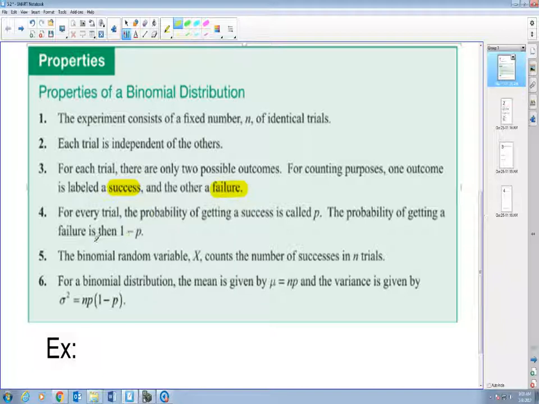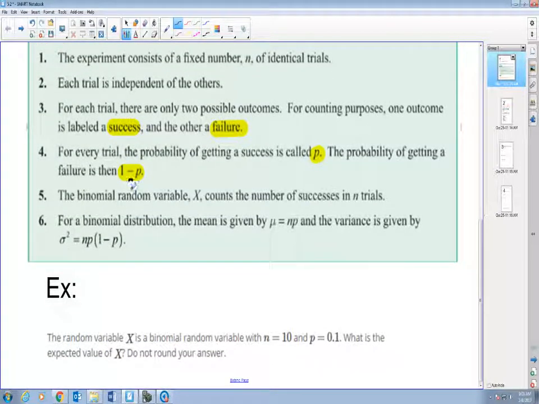The probability of getting a success is called P. The probability of failure is called 1 minus P, and sometimes I will use the letter Q for the probability of failure, just one less letter to write. So the binomial random variable X counts the number of successes in n trials.